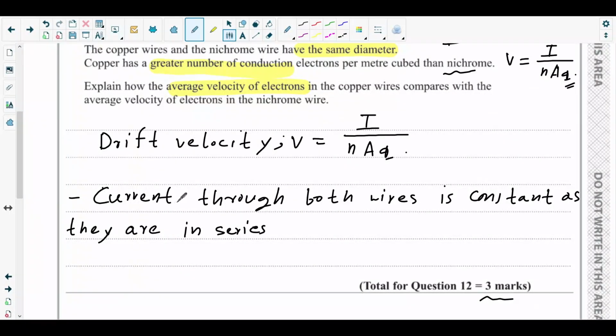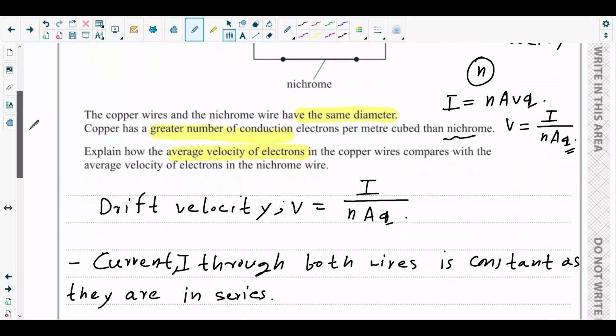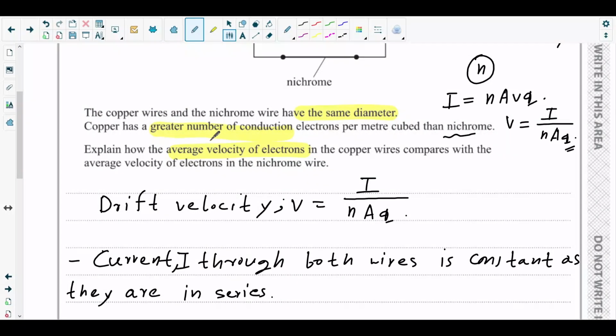So I is the same for both. Next, the charge carrier density for copper is greater, and they have the same cross sectional area. A is the same because the cross sectional area is the same for both wires. So A is constant, q is constant.